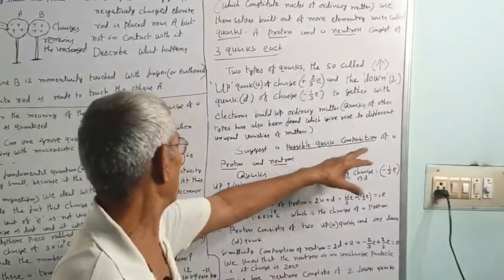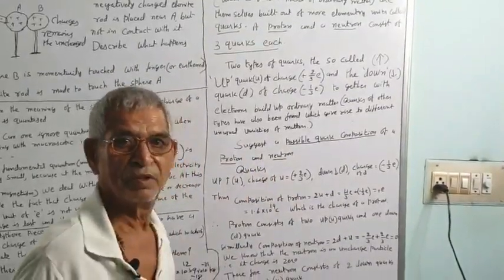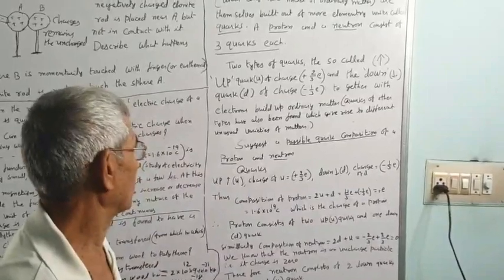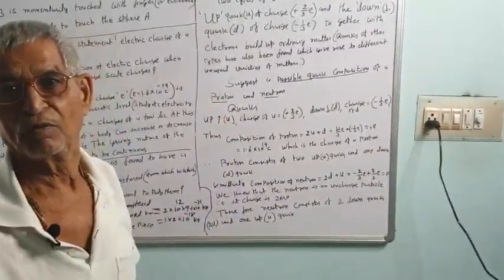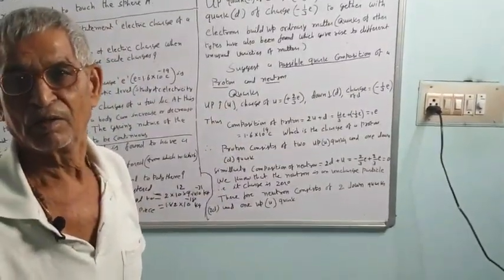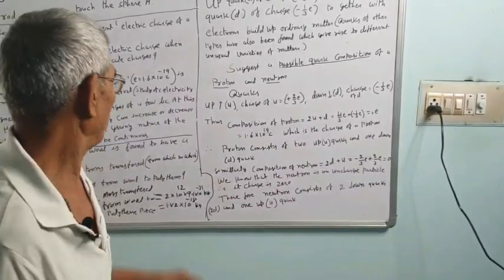Suggest a possible quark composition of proton and neutron. Suggest how many quarks will constitute a proton and how many quarks will make a neutron.